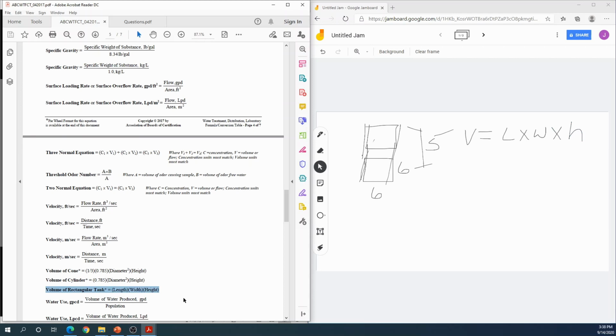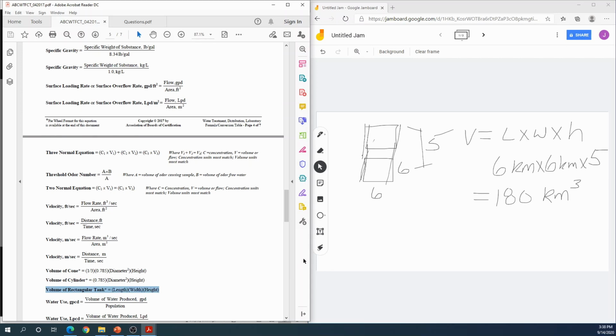So our length is going to be 6 kilometers times our width of 6 kilometers times our height of 5 kilometers. So 6 times 6 times 5 is going to equal 180 cubic kilometers.